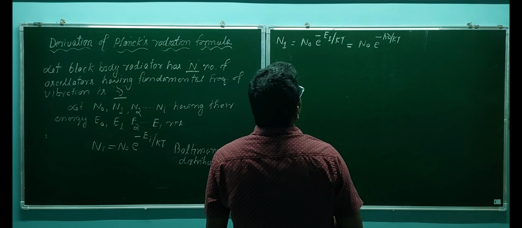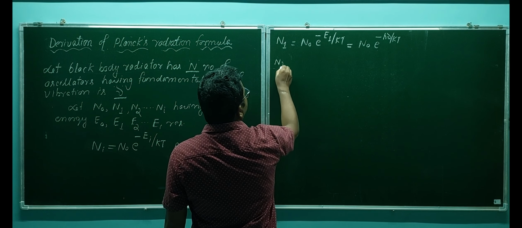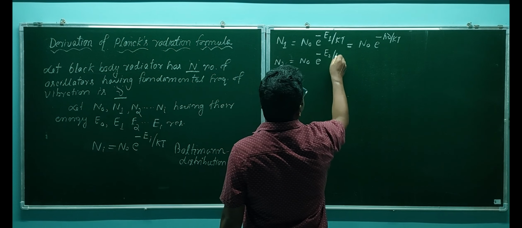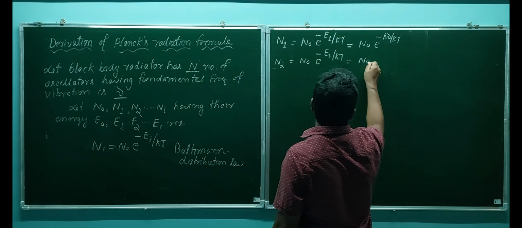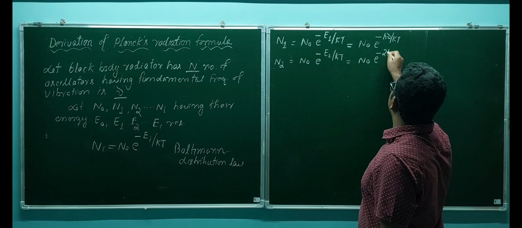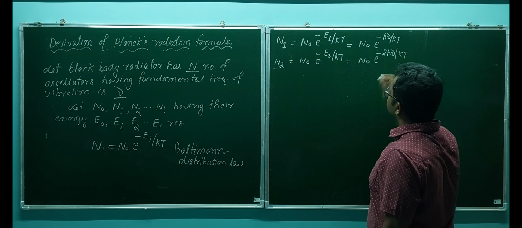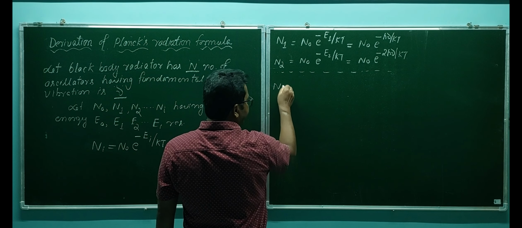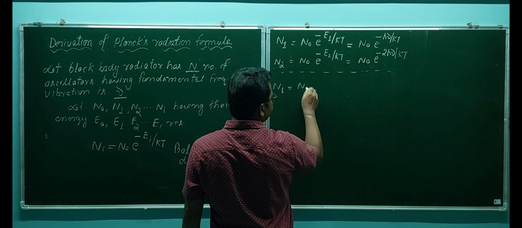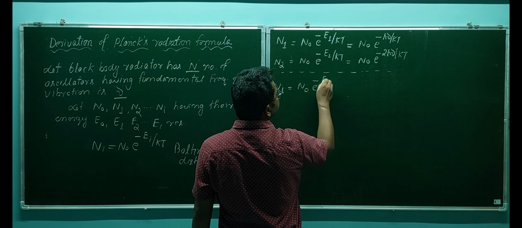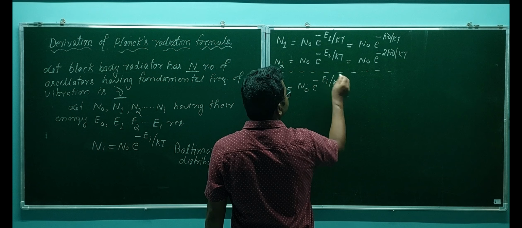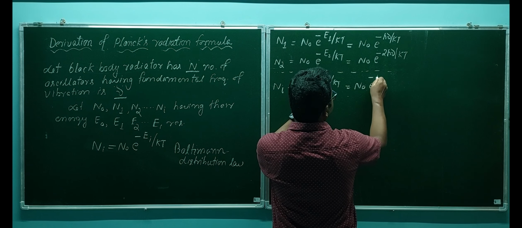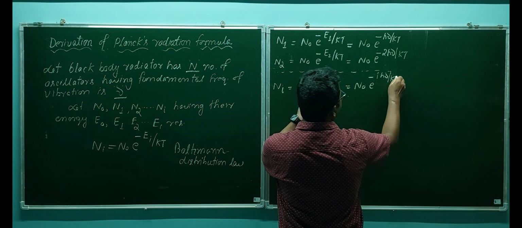Similarly, N2 equal to N0 e to the power minus E2 by kT, equal to N0 e to the power minus twice h nu by kT. Similarly, Ni equal to N0 e to the power minus Ei by kT, equal to N0 e to the power minus i h nu by kT.